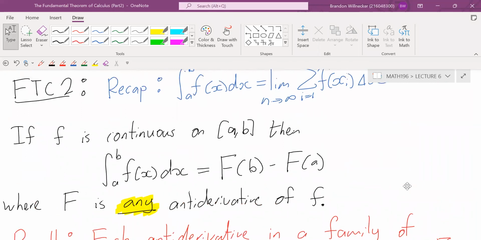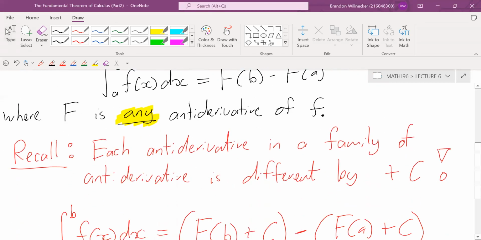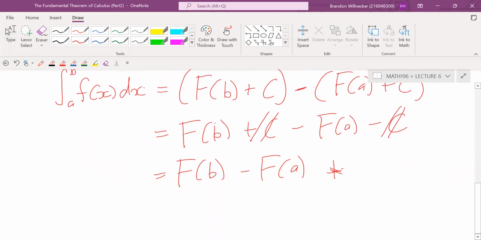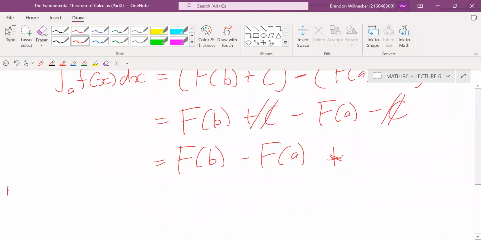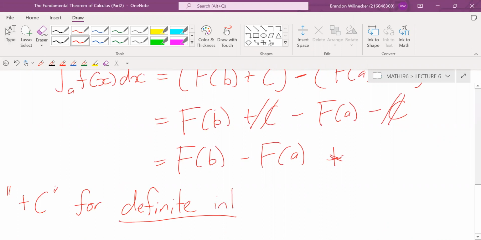So you see that it doesn't matter which antiderivative you choose, you're always going to get the same answer. In other words, this plus c doesn't matter. So I'll put in quotes here, the "plus c" for definite integrals doesn't matter.